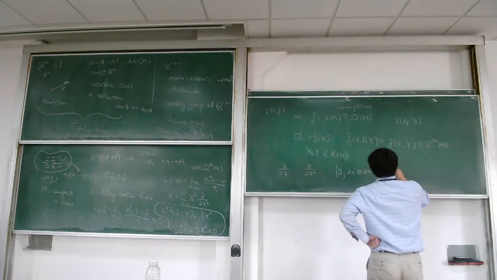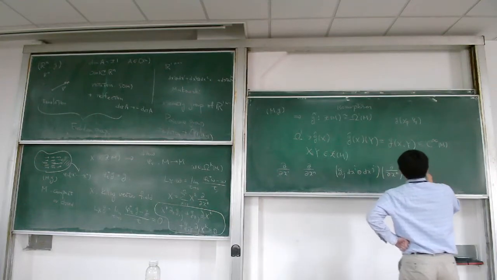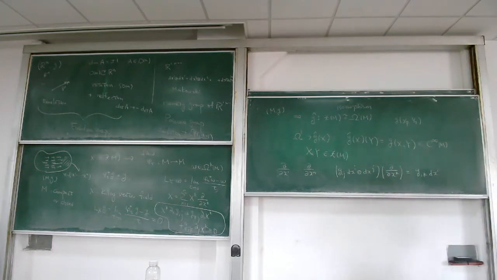Once you act on partial x_k, you get G_ik dx^i.